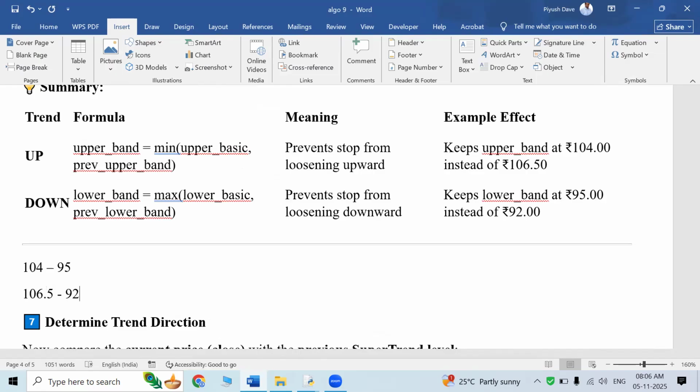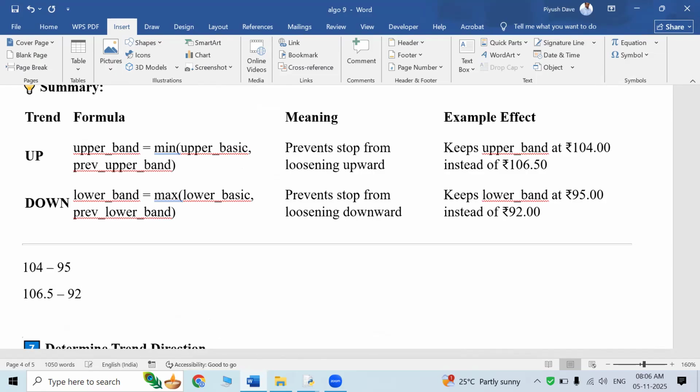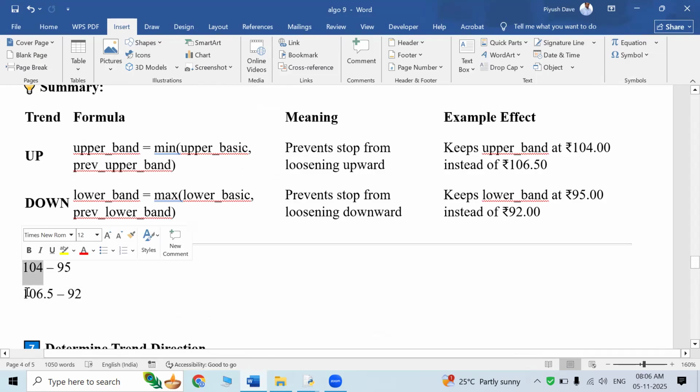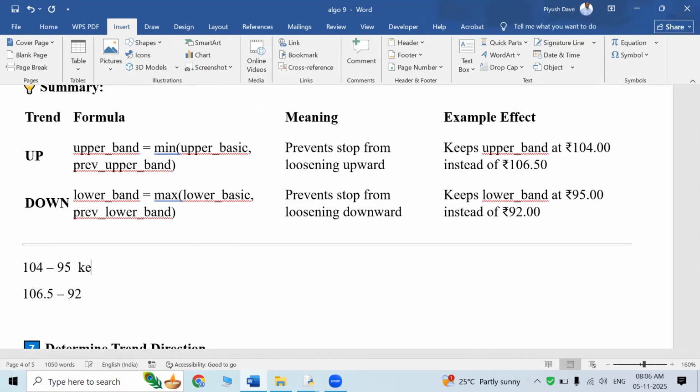Now, if we keep on changing this band, what will happen? It is not going to trigger the upside band. If this value is smaller than the new range, we are not going to change it. And if this value is higher than this value, we are not going to change the band. So we will keep this band as it is. That is the logic.